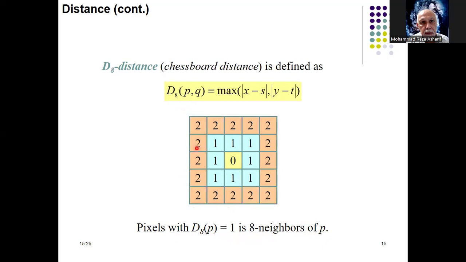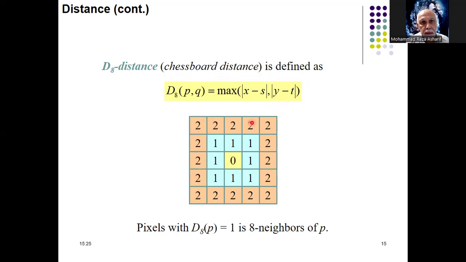Another is the D8 distance. We call it chessboard distance, defined as the maximum of |x minus s| and |y minus t|. So we take x minus s or y minus t. Here x minus s is larger, so take the maximum. You can define for yourself the minimum. I cannot write it here, but you will reach a different shape on the image.